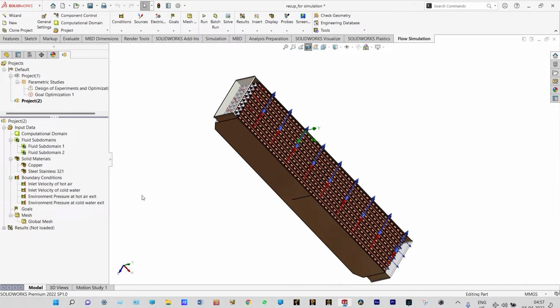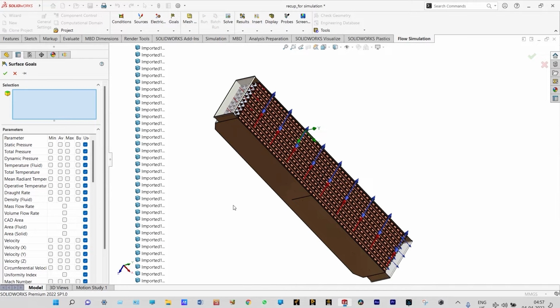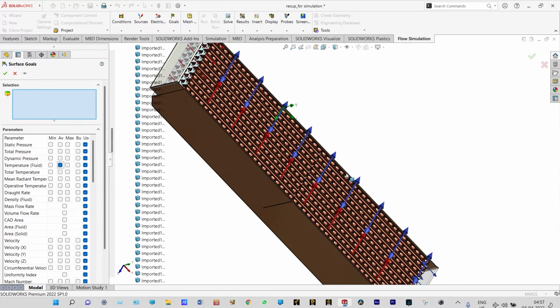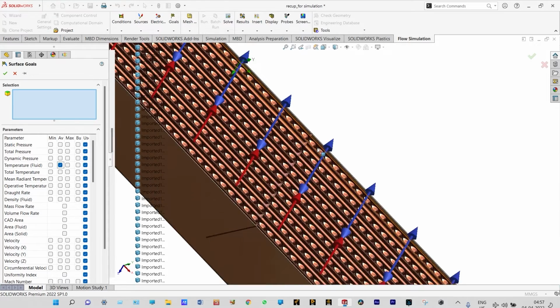Done. Next to that, we need to find some goals. So goals, insert surface goals. We need to find average temperature of fluid at the exit of hot air and cold water. Let us select the surfaces separately.